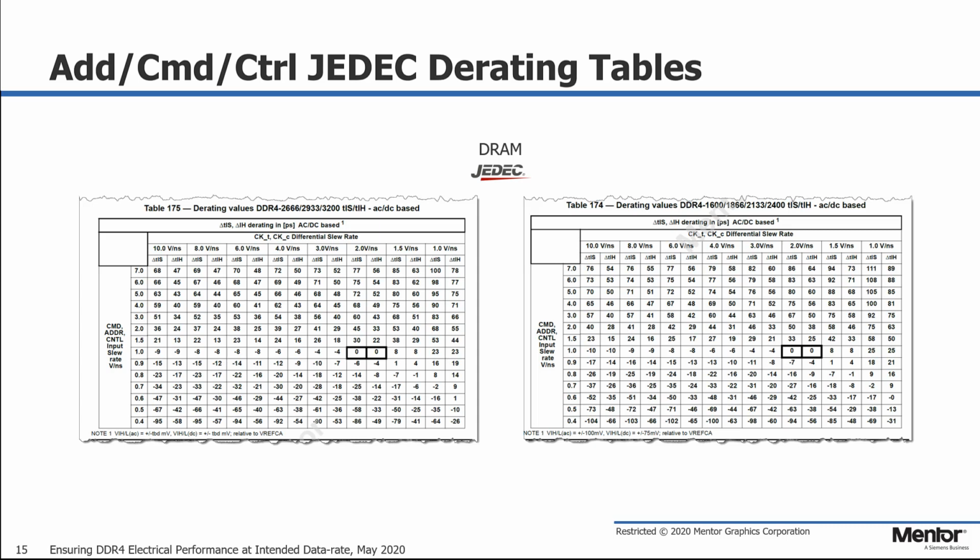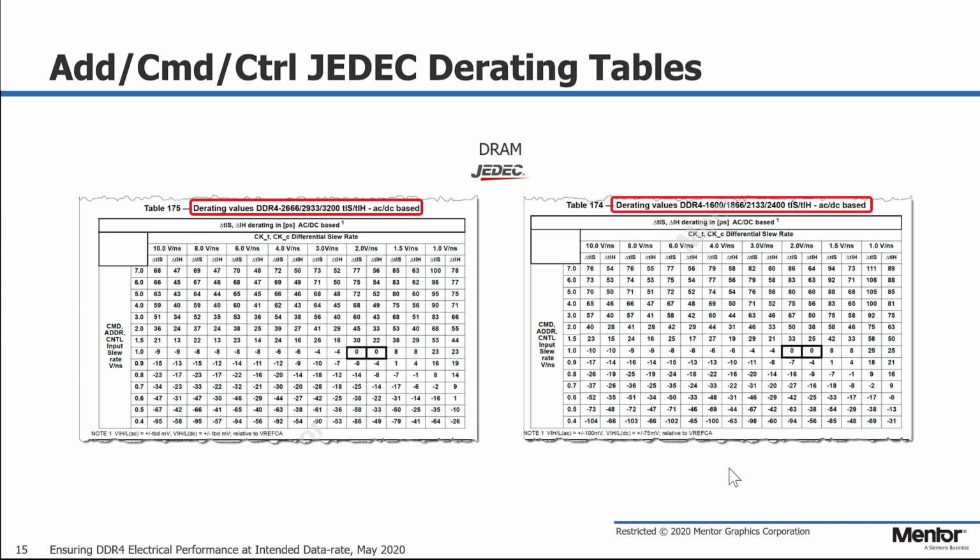If you have a signal that has a slew rate faster or slower than 1.0 volt per nanosecond, it does not make sense to still try to satisfy those requirements. Therefore, you must derate or prorate on the signals specific to your design using the derating table provided by JEDEC, as shown here for two sets of different data rates.